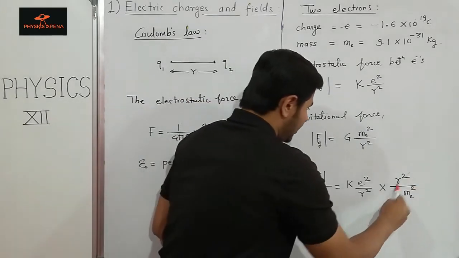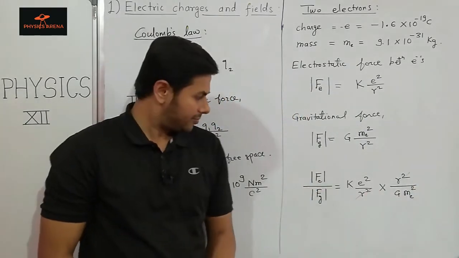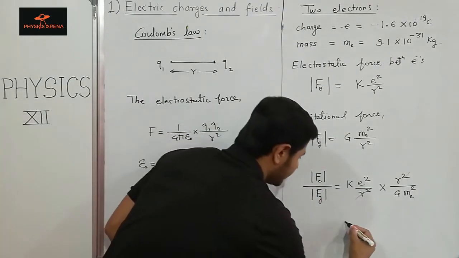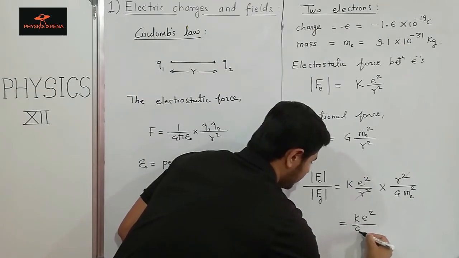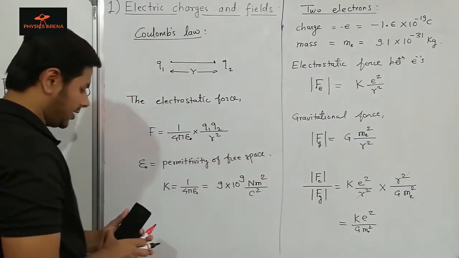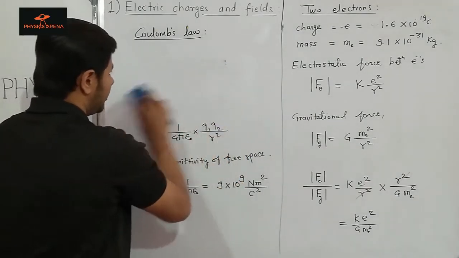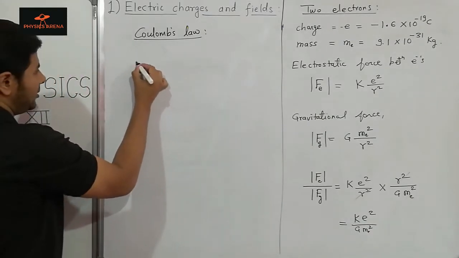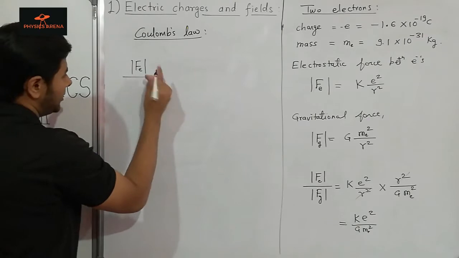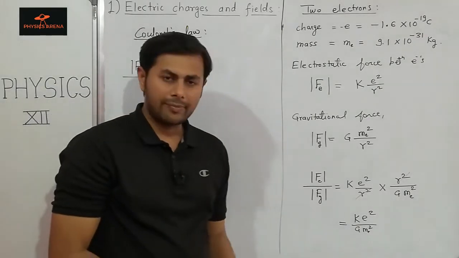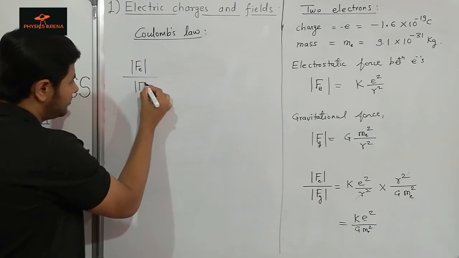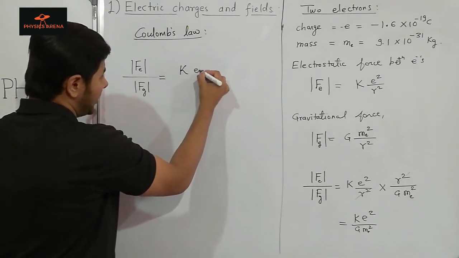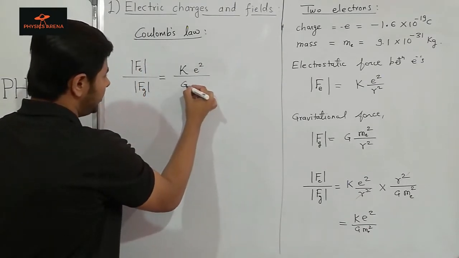Now this R squared and R squared get cancelled, and what we are left with is K e squared upon G me squared. So let me write it here, and let us substitute the values. So the magnitude of electrostatic force divided by magnitude of gravitational force is equal to K times e squared upon G into me squared.